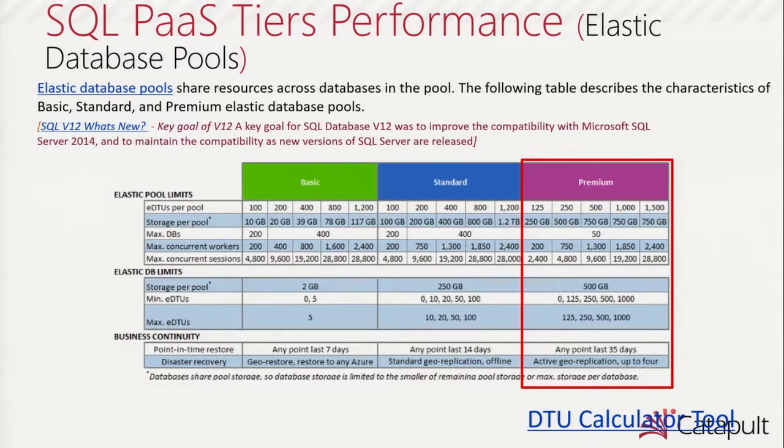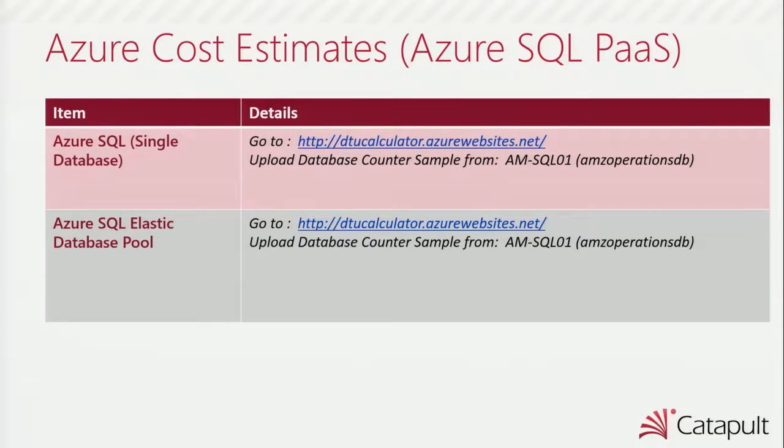You can put 50 databases on there, right, and have 28,000 concurrent sessions. So pretty cool. And again, your pool is the boundary for the cost of those things. Two links there for estimating your cost of deploying it on PaaS or in an elastic pool.